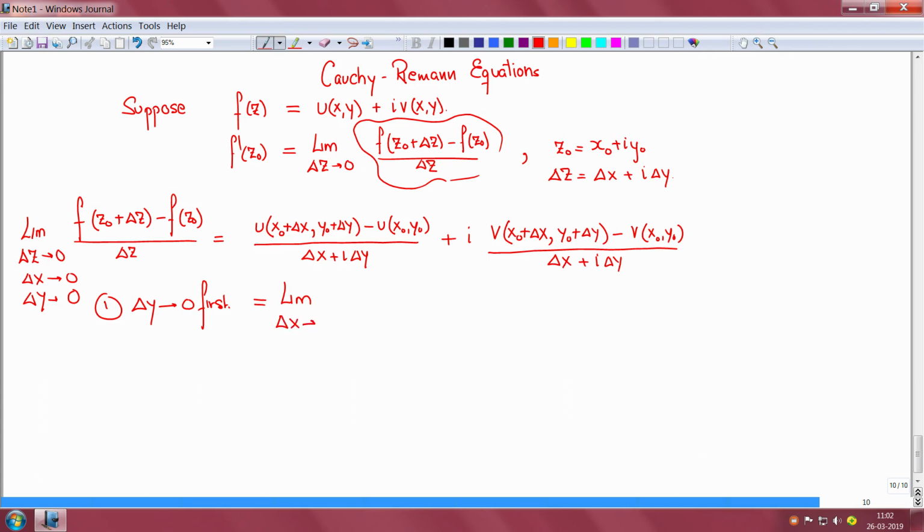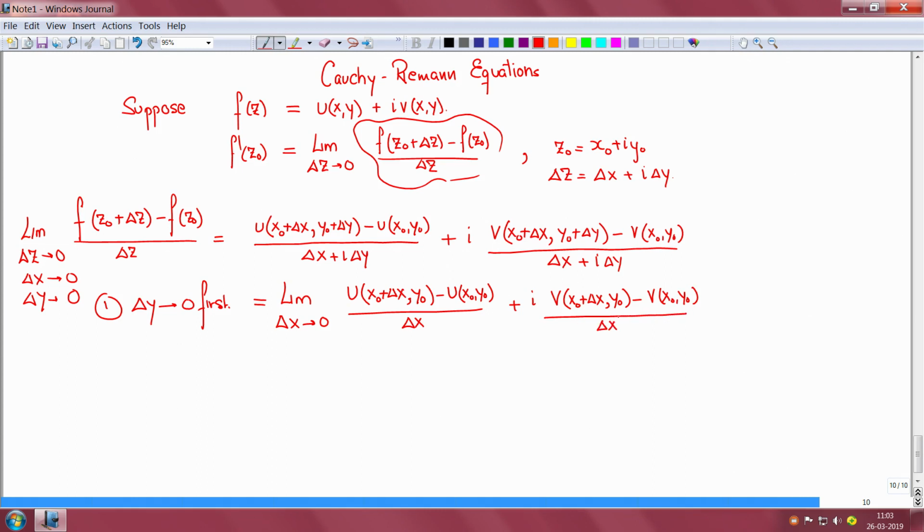And then we end up with the limit delta x tending to 0 of u at x0 plus delta x comma y0 minus u at x0 comma y0 by delta x, plus i times v at x0 plus delta x comma y0 minus v at x0 comma y0 divided by again delta x.